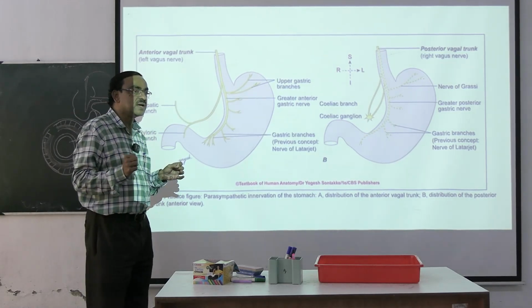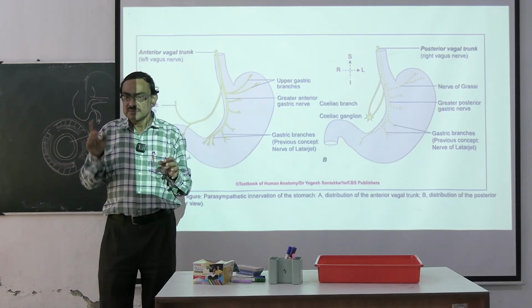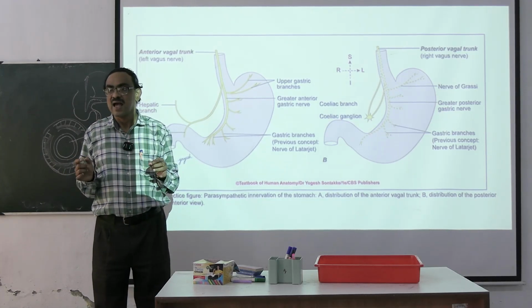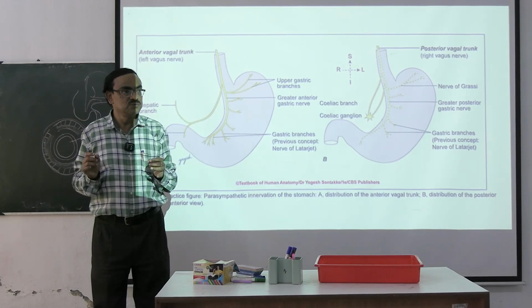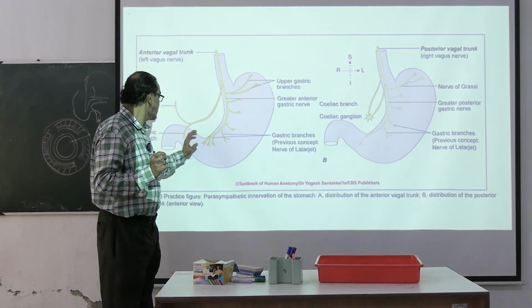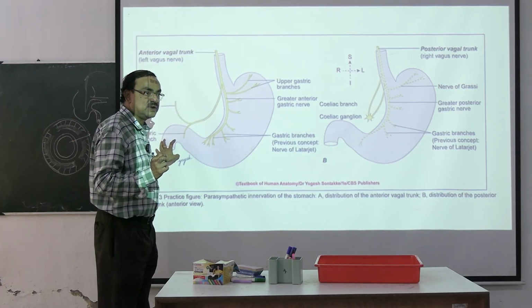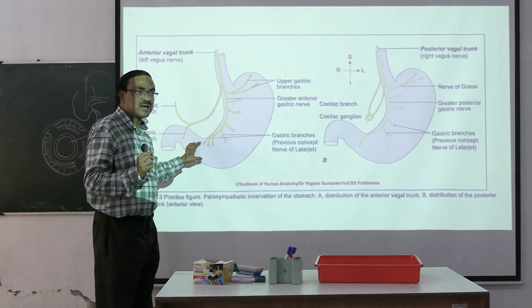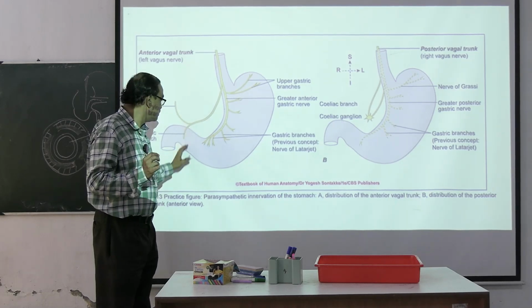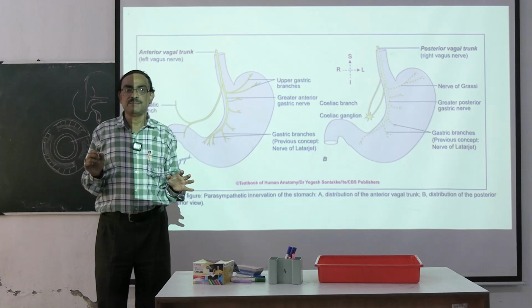What is the pyloric sphincter? It is a condensation of mainly the circular muscles and the deep layer of the longitudinal muscles. It forms a sphincter, and there is no connection between the circular muscles of the duodenum and the circular muscles of the stomach, because in between there is a connective tissue septum.